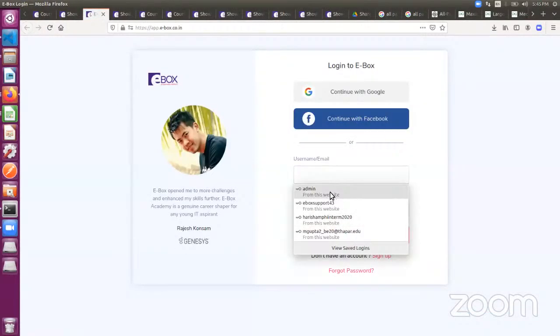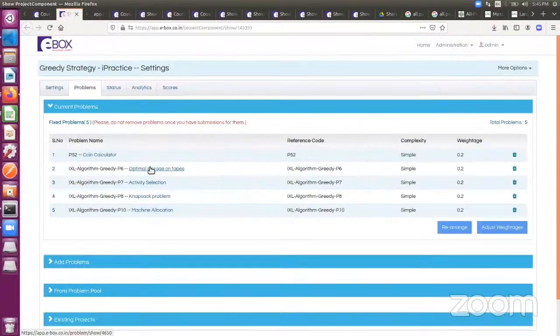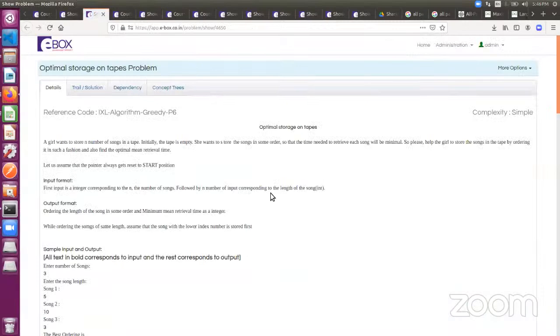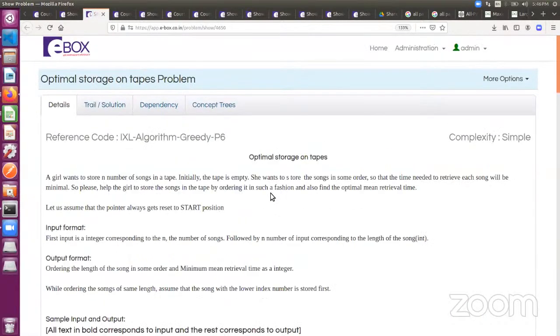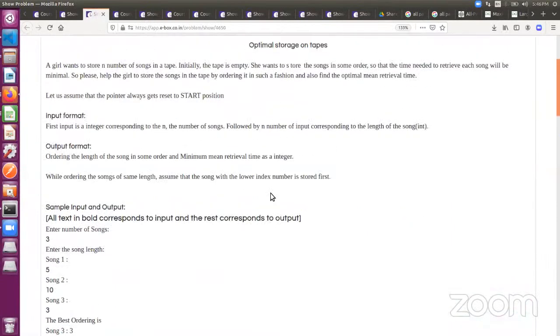Second problem. Let us read the problem.